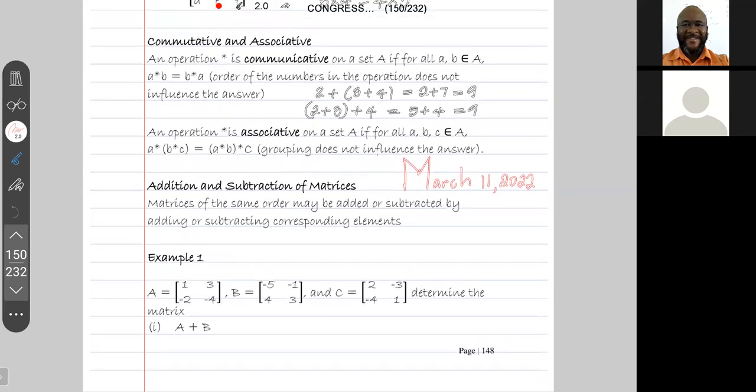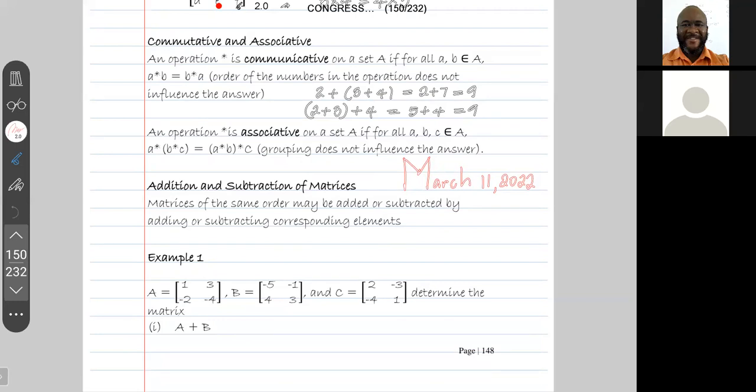So example 1 says A is the matrix 1, 3, minus 2, minus 4. B is the matrix minus 5, minus 1, 4, 3. And C is the matrix 2, minus 3, minus 4, 1.